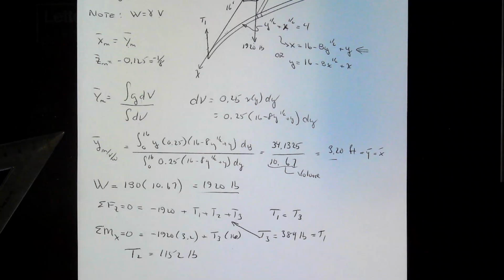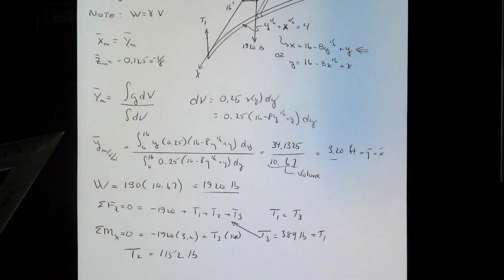And here's the easy way to approach this. Let's take the moment about the x-axis. So here's the x-axis right here. All right. This tension and that tension here are on the x-axis, so they can't exert a moment. Here's our center of gravity. Here's 1,920 pounds coming down. Here's this tension out here.